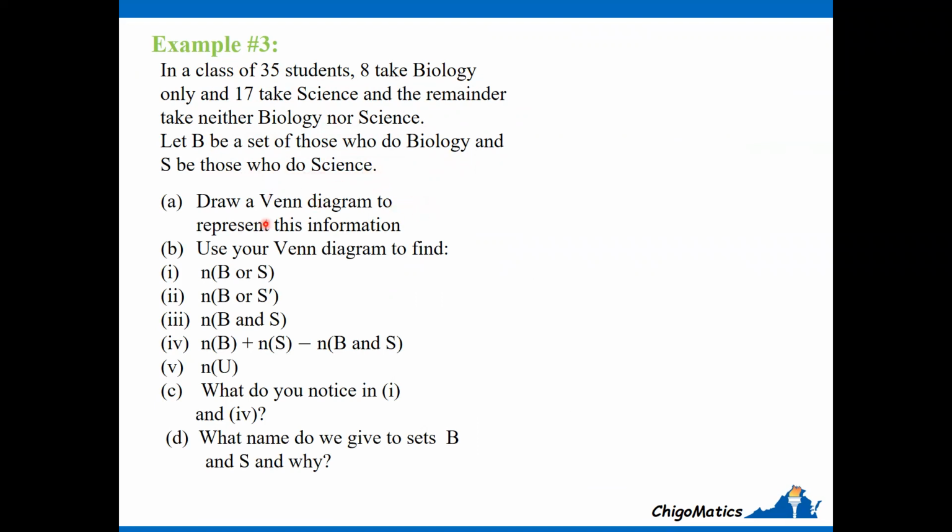Draw a Venn diagram to represent this information. Then we use that Venn diagram later. As you can see in our problem, there is nowhere it is indicated that there are those who are doing both subjects. This indicates that there is no intersection between those who do biology and science.